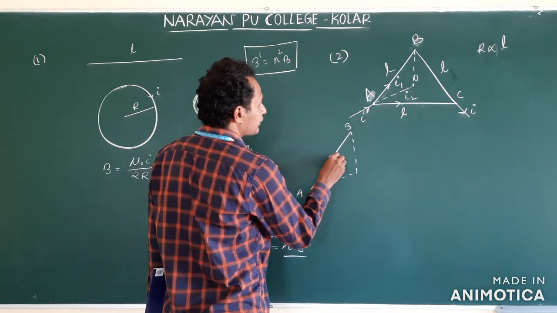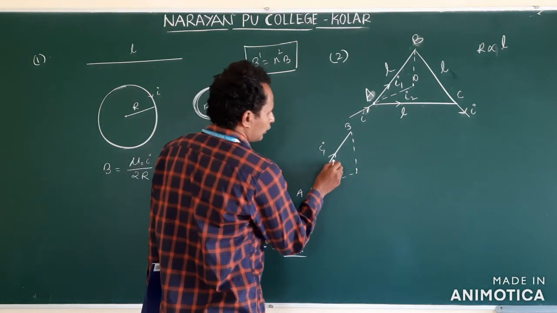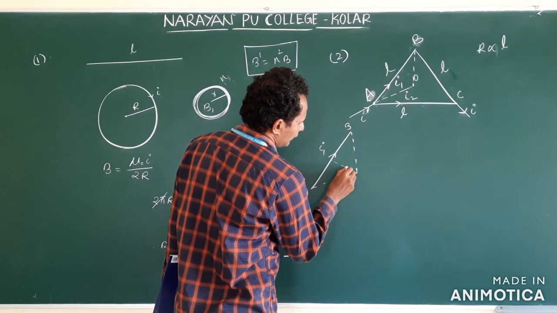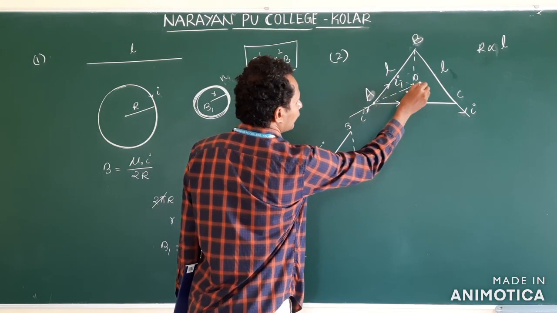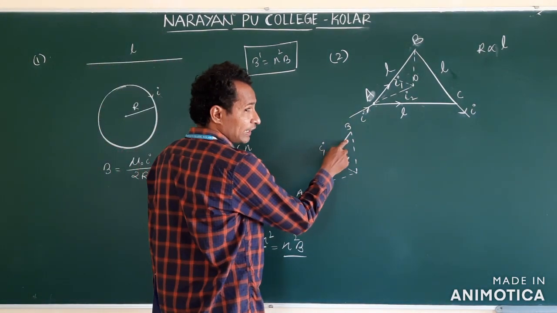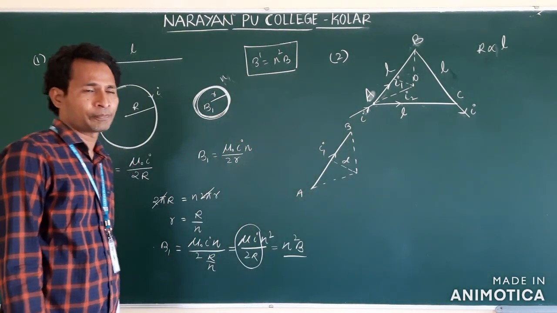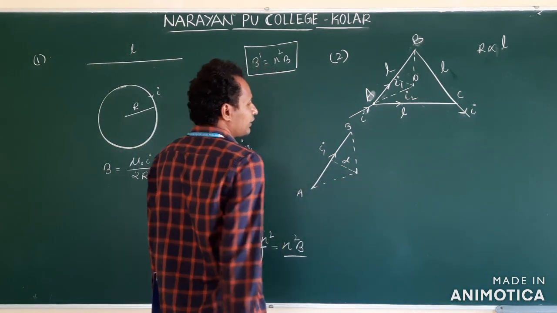So the current in this AB segment is what? I1, and this is the perpendicular distance, this one. Understand? Now this is a finite conductor. Clear? A finite conductor, and they are asking for the field at this point.